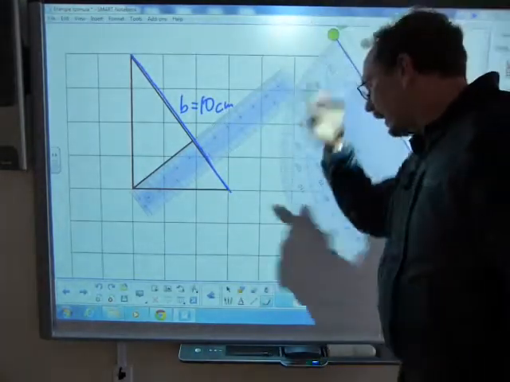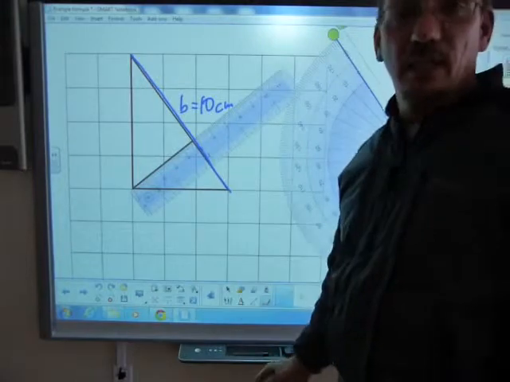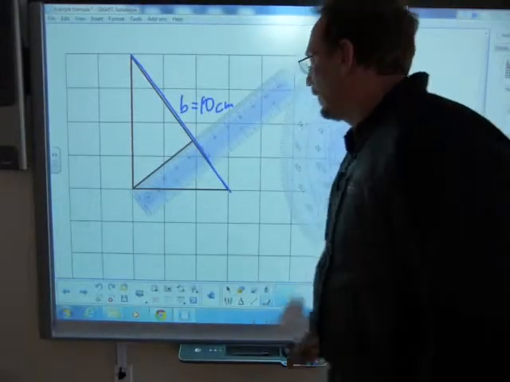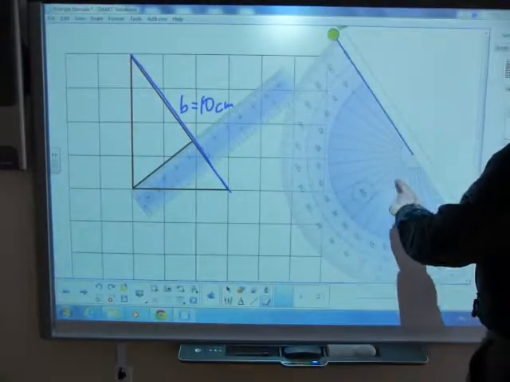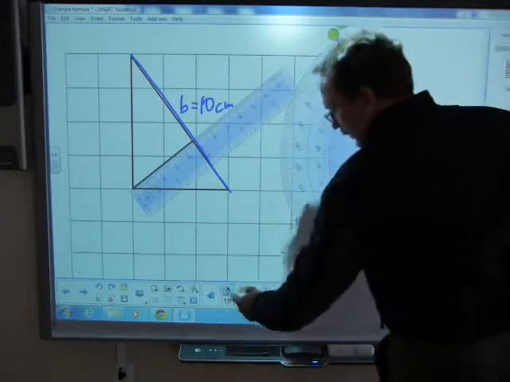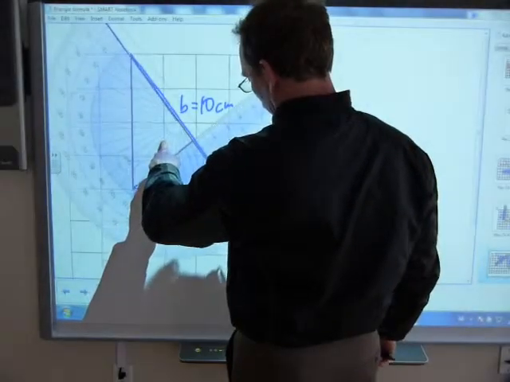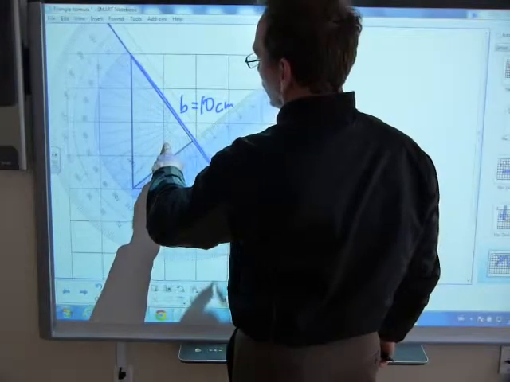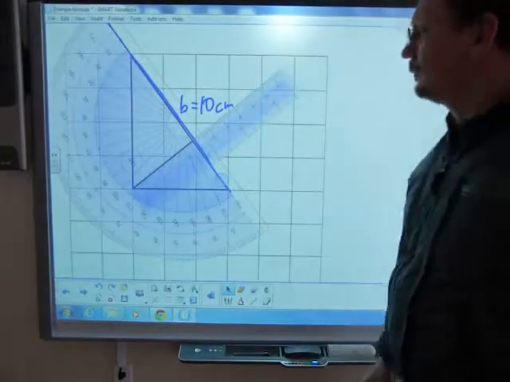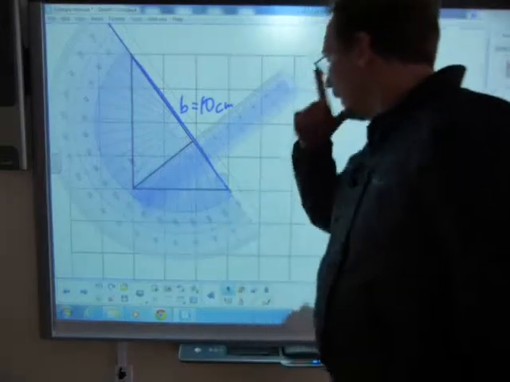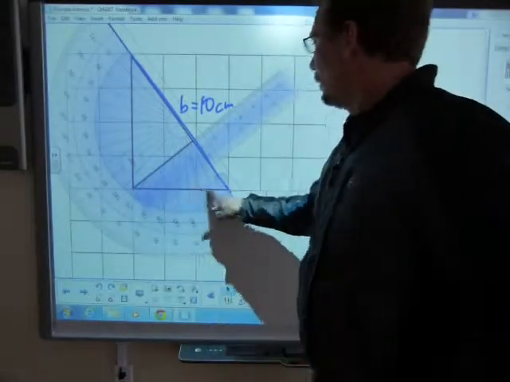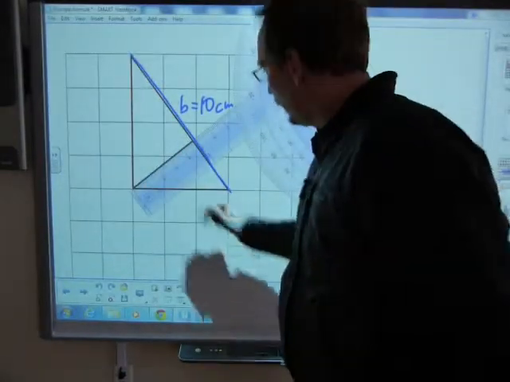And in this case, the height is neither of the sides. The height, like I said, is inside the triangle, perpendicular to the base. Let me grab this one over, a careful alignment there. The height has to be perpendicular to the base.